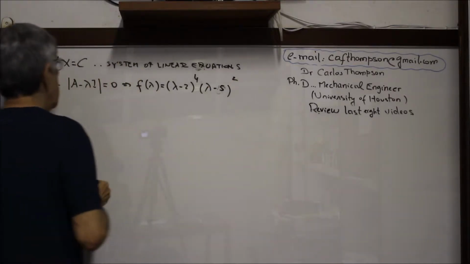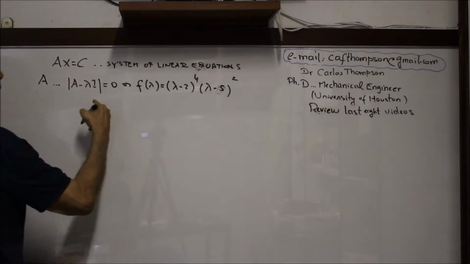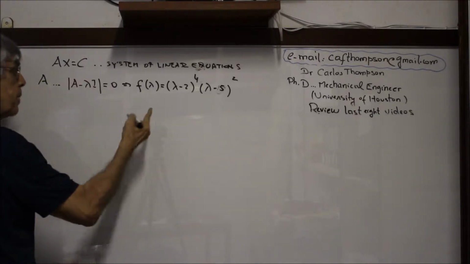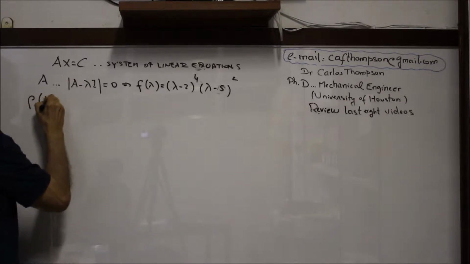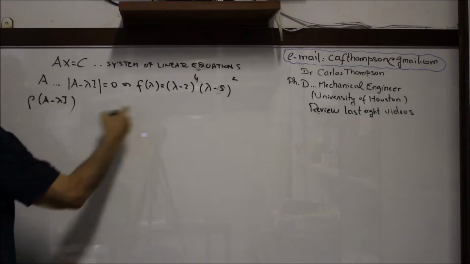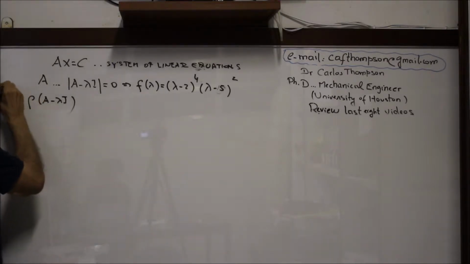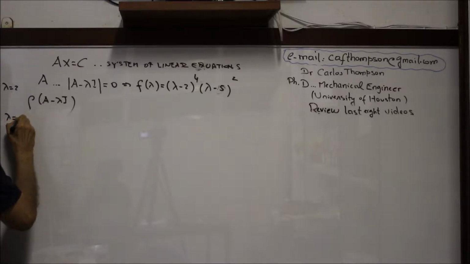Then we calculate by inspection, for each lambda, the rank of A minus lambda I. In this case, it's for lambda equal to 2 and lambda equal to 5.